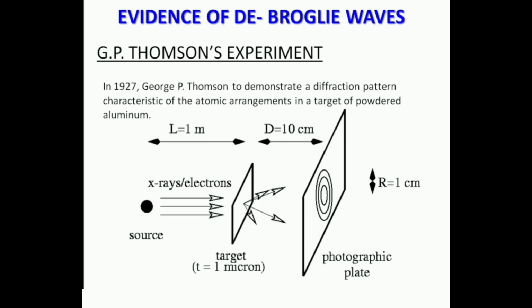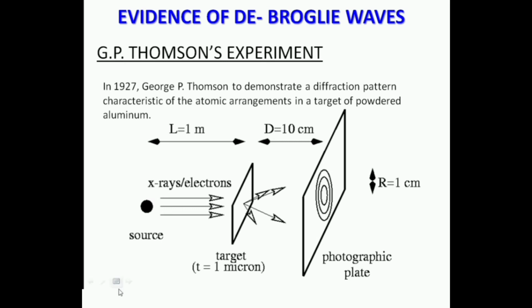You can see the source is X-rays or electrons. In terms of electrons, the source is wave-like X-rays, or particle-like electrons, or an electron beam thrown from an electron gun which acts as the source.